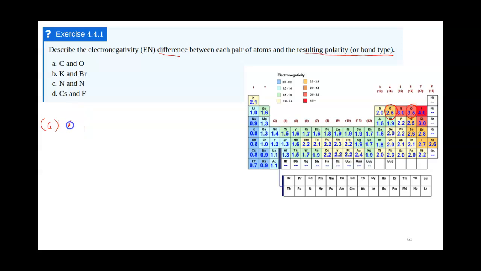So the difference in electronegativity is equal to 1. So 1 is greater than 0.4 and less than 1.8. So we classify this as a polar covalent bond.